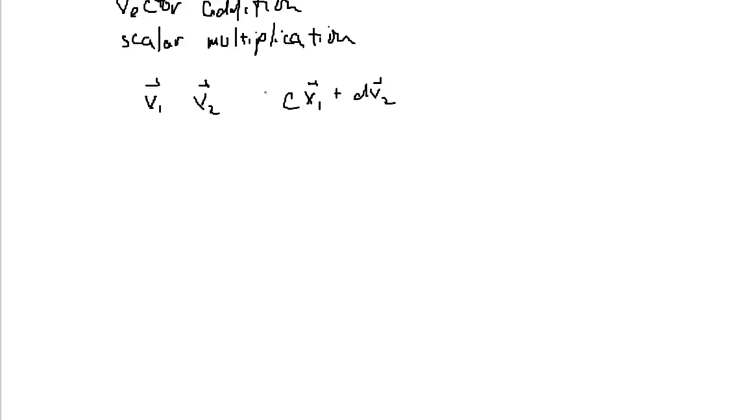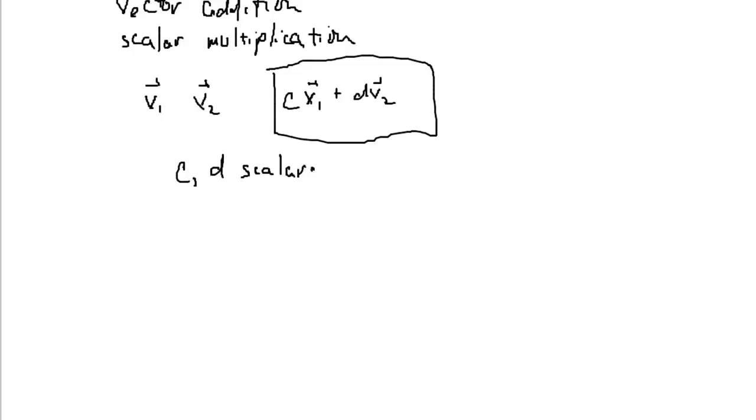Now in this expression, c and d are scalars. So again, we have scalars multiplying the vectors, and then we're adding those vectors together. Remember, scalar times a vector is a vector.